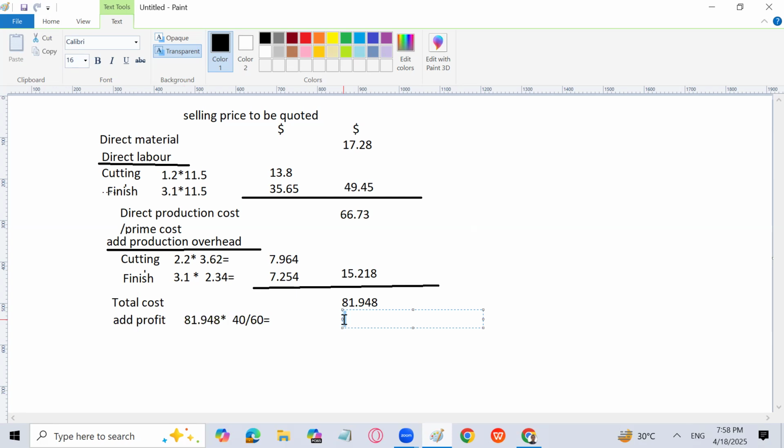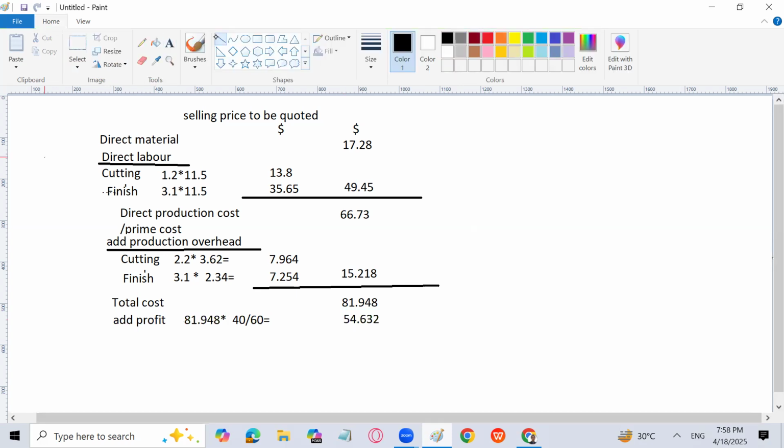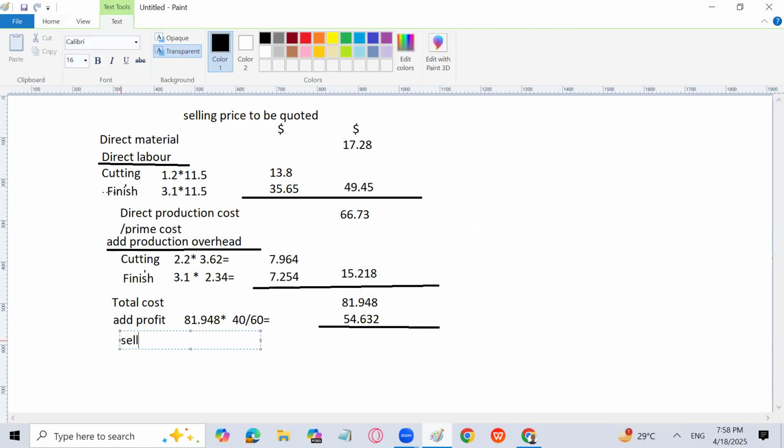The profit per unit is 54.632. You will add this to the total cost and you will find the selling price per unit, 136.58.